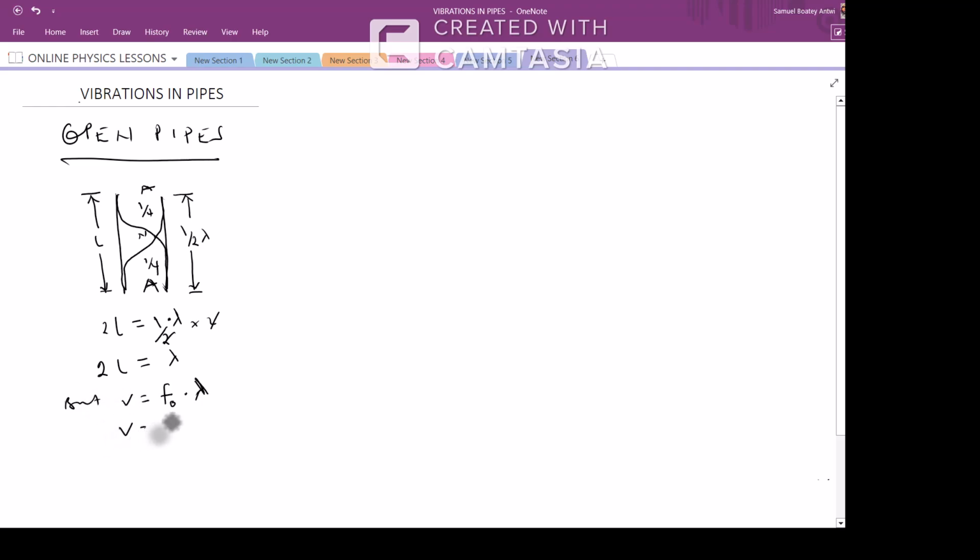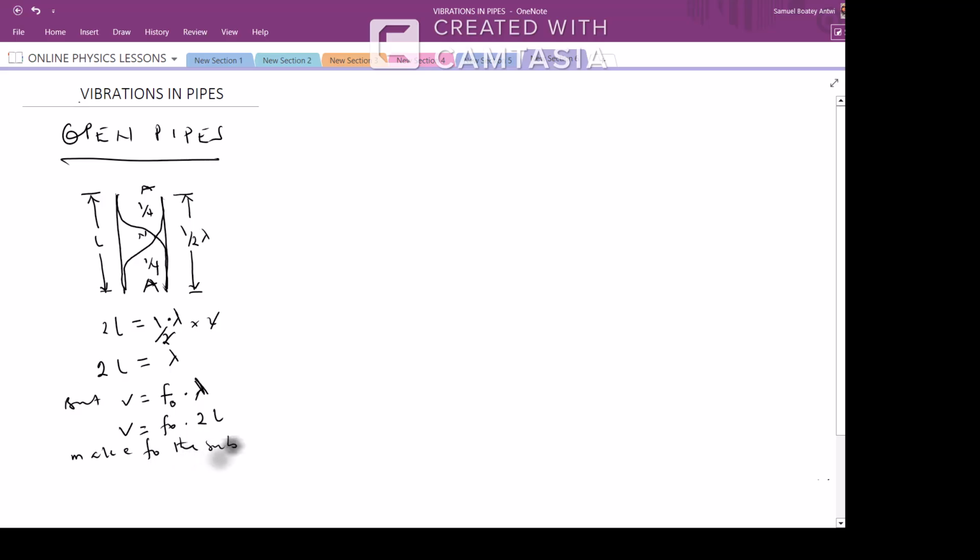So anywhere we see lambda, we put 2L there. Since our main focus here is to find the fundamental frequency, we make F naught, which is the fundamental frequency, the subject of the equation.